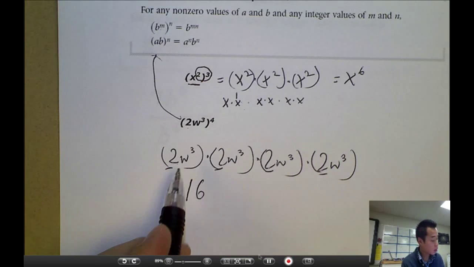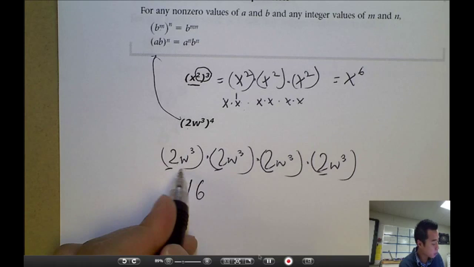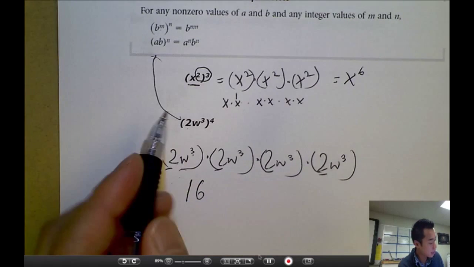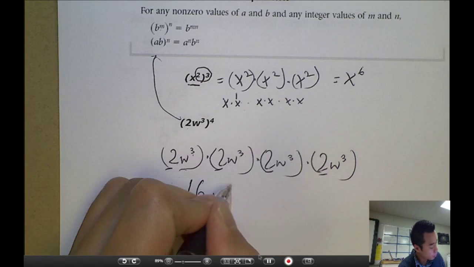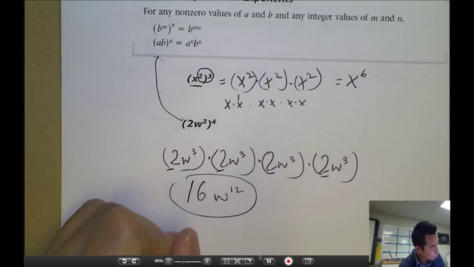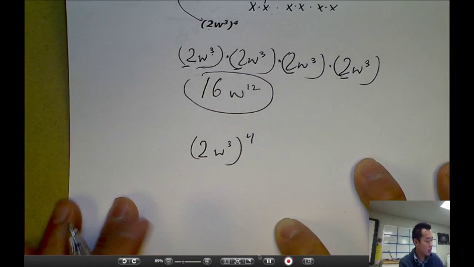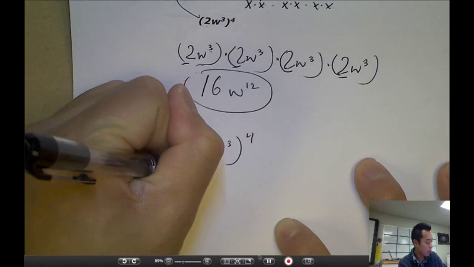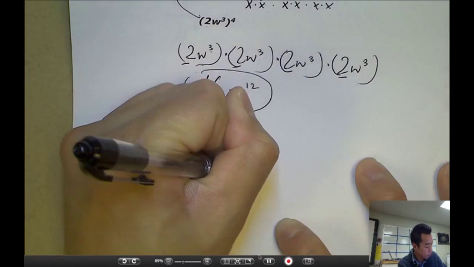And then if you really wanted to, you can write out each w 3 times here and here and here and here. Or, since I'm multiplying my w's with the same base, I just add them. 3 plus 3 is 6. 9, 12. W is being multiplied 12 times. But the rule says that you can break it up. You can go 2 to the 4th power times w to the 3rd power 4 times.